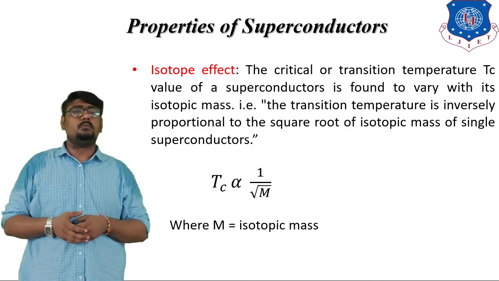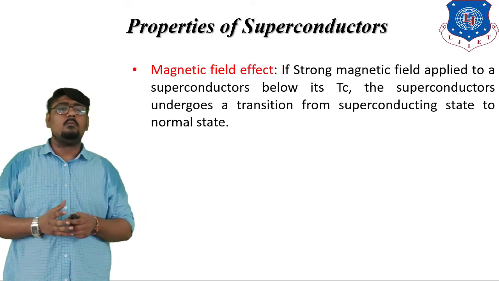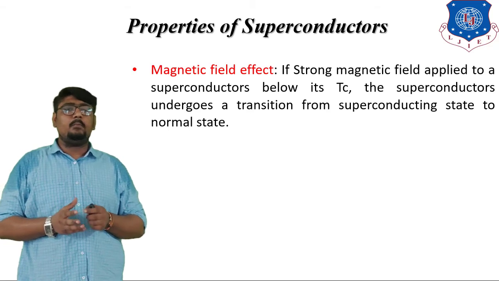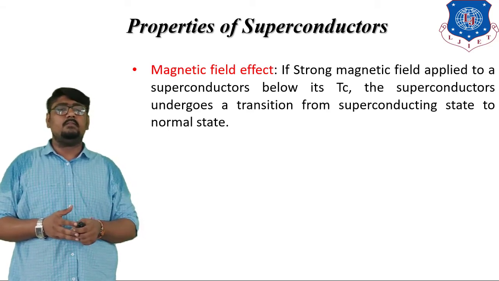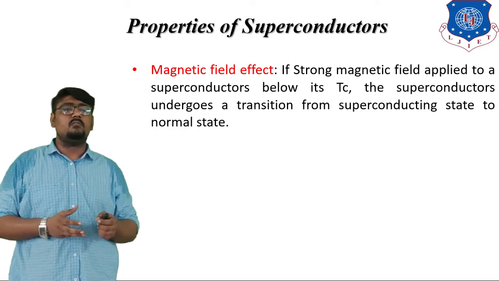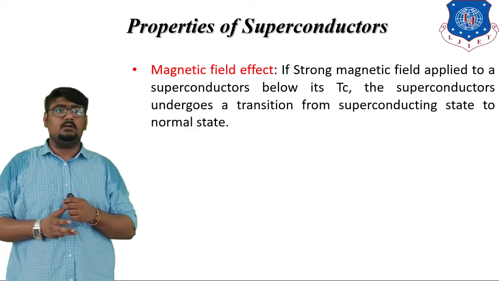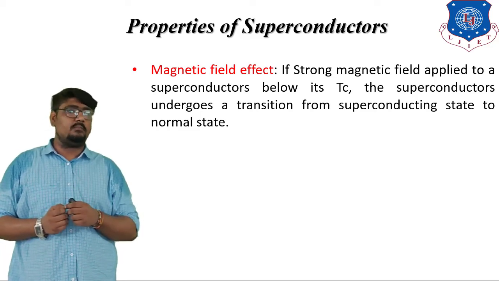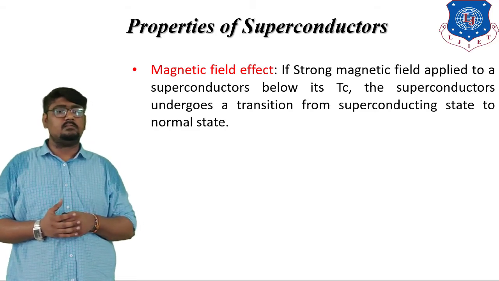Now the next property is the magnetic field effect. If a strong magnetic field is applied to a superconductor below its critical temperature, the superconductor undergoes a transition from the superconducting state to the normal state. So if a strong magnetic field is applied, its superconductivity is lost.